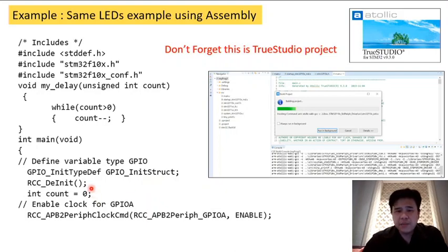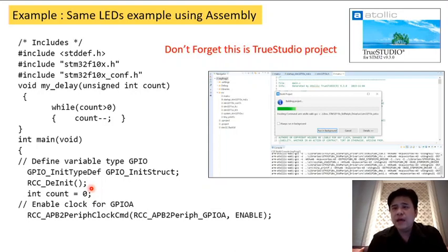Then, if you do nothing, the startup inside your SPL library will push your CPU to the limit, which is 72 megahertz. But in this case, I would like to make something very simple. So I use RCC_DeInit, and by using this, it forces your CPU back to the default.